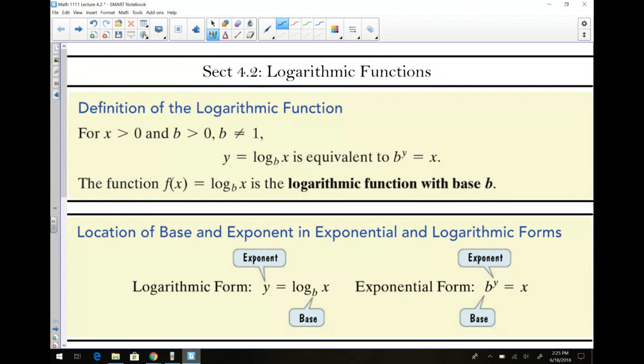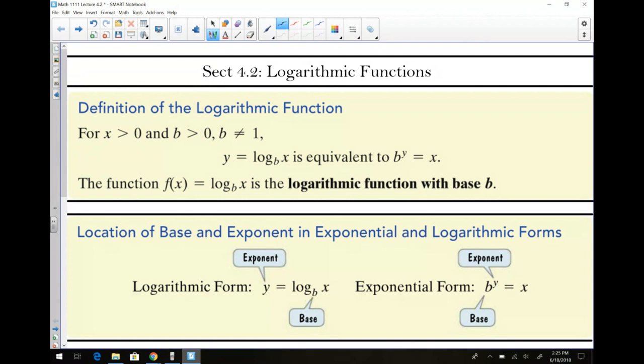Okay, so in this definition, we want you to know that you can go from the logarithmic form to the exponential form, especially since logarithms are actually exponentials. So you can go to both forms. It's just that one's written in a condensed form as opposed to the other.